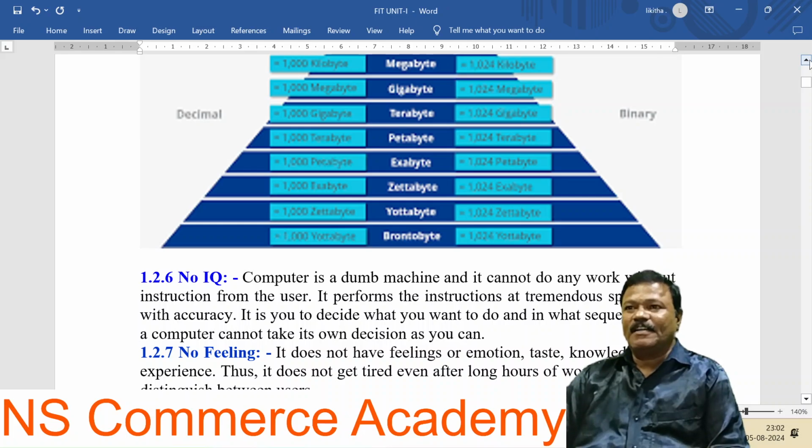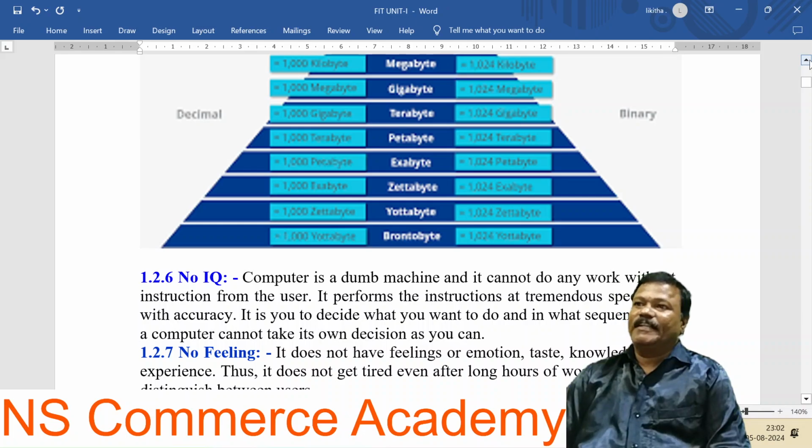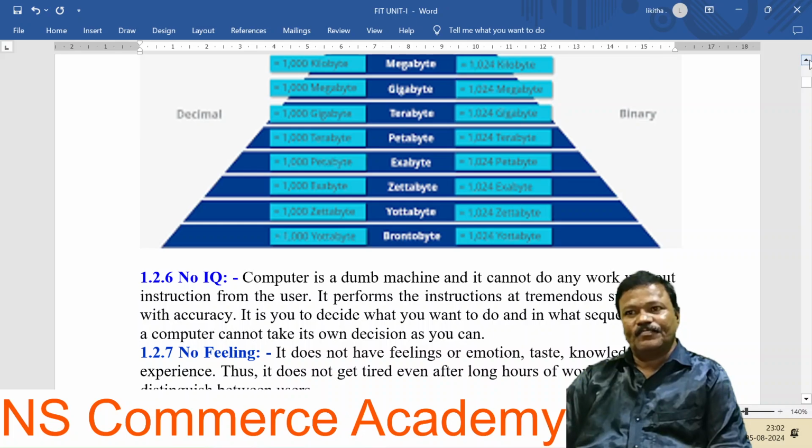It performs the instructions at a tremendous speed and with accuracy. It is up to you to decide what you want to do and in what sequence. So a computer cannot take its own decisions as you can.